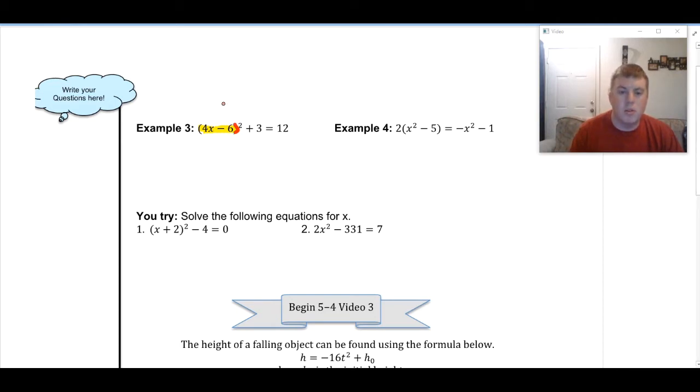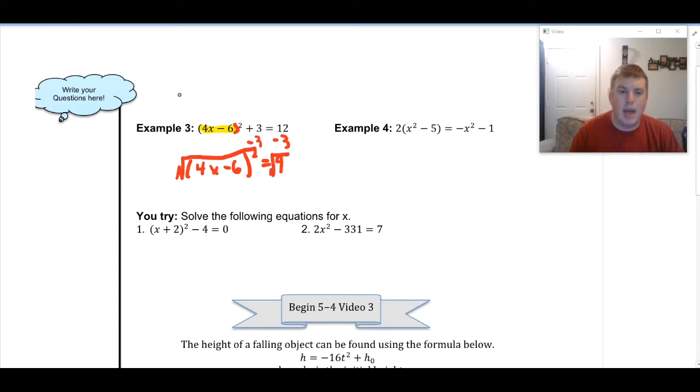So what I'm going to do is get that part all by itself. To do that, I would subtract 3 from both sides. So I'm going to get, still in parentheses, 4x minus 6 squared is equal to now 9 when we do that subtraction. Now I want to make sure I keep my squared symbol there. So now is when I'm going to take that square root. I need to get that squared away from the set of parentheses, so I will take the square root now.